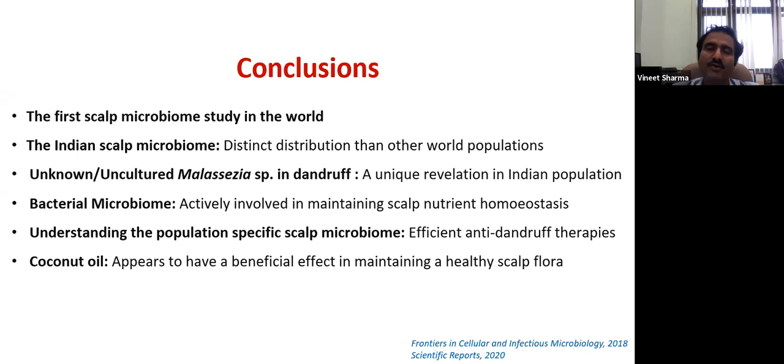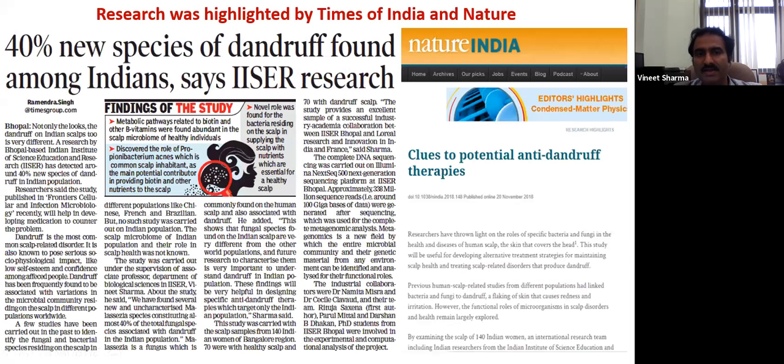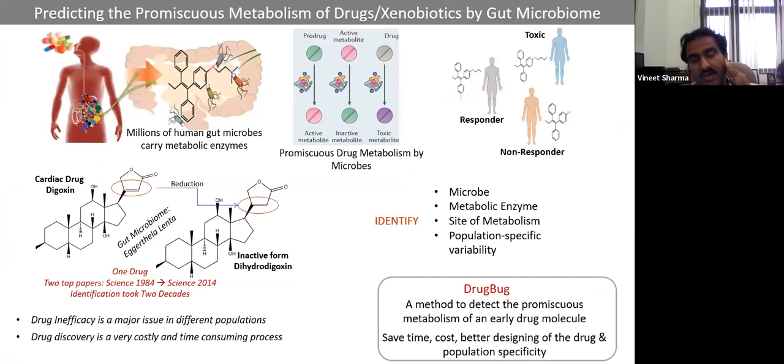We showed the role of the bacterial microbiome in scalp homeostasis and nutrient conditions, and this understanding will have a lot of applications in anti-dandruff therapies and maintaining a healthy scalp. This was also widely covered and cited by different media.